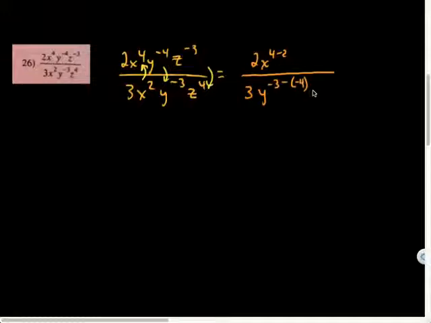And then I've got z to the 4 minus a negative 3. What's subtracting a negative the same as? Adding a positive. Well done. So I will have 2 times x squared over 3y to the negative 3 plus 4. Signs are different, so I subtract them.